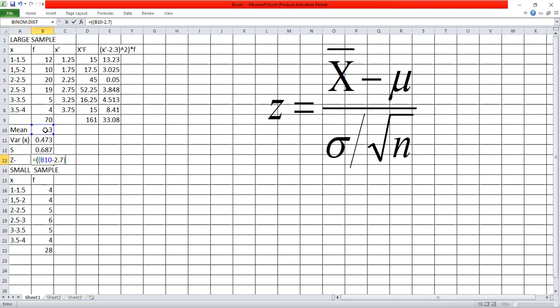Times the square root of n, the square root of 70. Let me just get the square root of 70 here first.